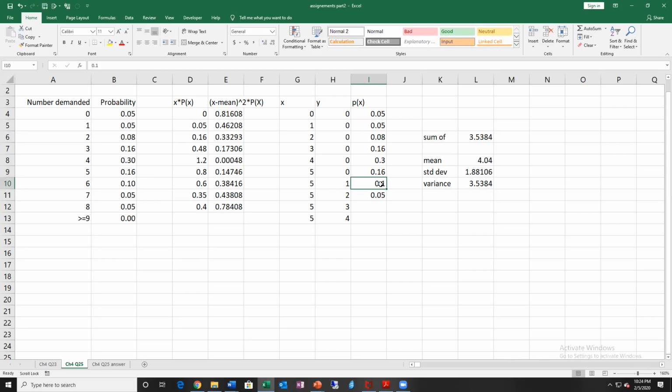So we look at the probability. 0.16. That's correct, because it's a probability of a 5. What about the next one? Same thing. Yep, and the next one? Cool. And you don't need this last one. Just get rid of it. You don't need 5 and 4. Make sense?